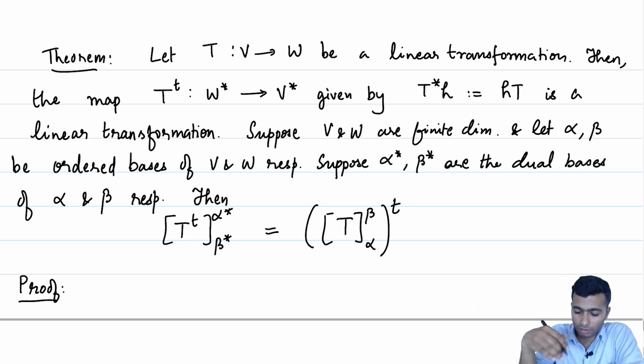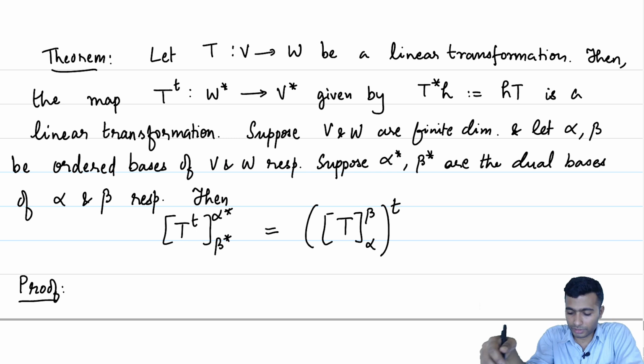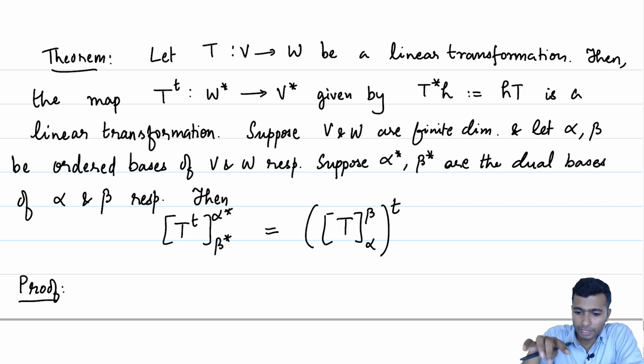In fact, it's not even clear yet that T transpose maps W star to V star, but that will be clear in a moment, the moment we start writing down the proof. And then further it says that if you fix two ordered bases alpha, beta and let alpha star, beta star be the corresponding dual bases, then the matrix of T transpose with respect to beta star and alpha star will be the transpose of the matrix of T with respect to alpha and beta.